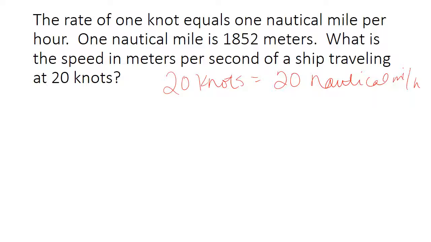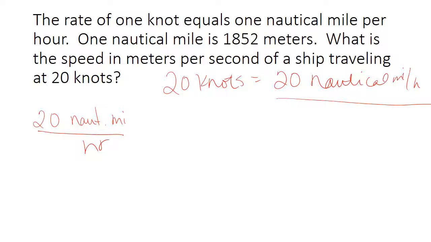So we're going to be changing our miles and our hours. All right? So this is what we're going to be using. So we're going to have our 20, instead of writing nautical, I'm just going to do that, miles per hour.